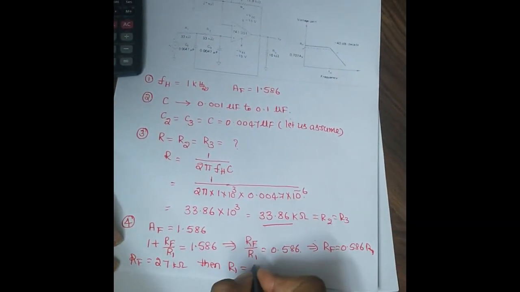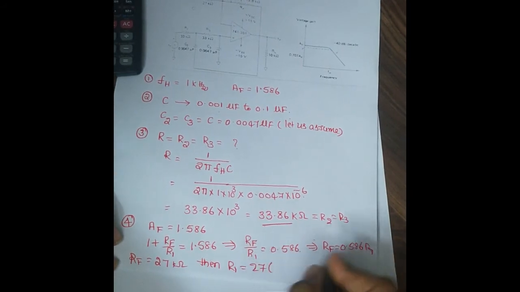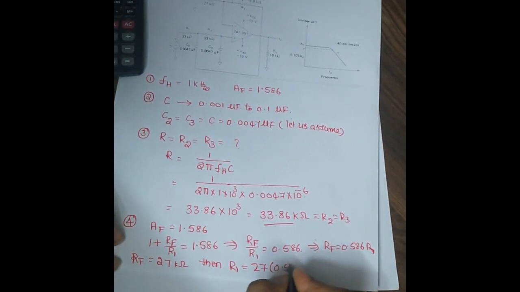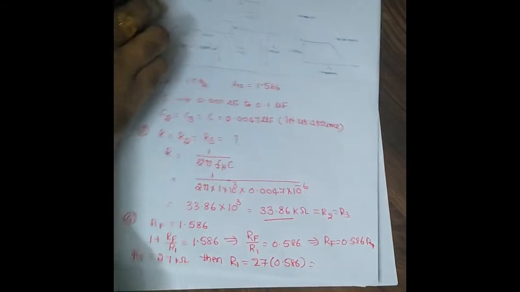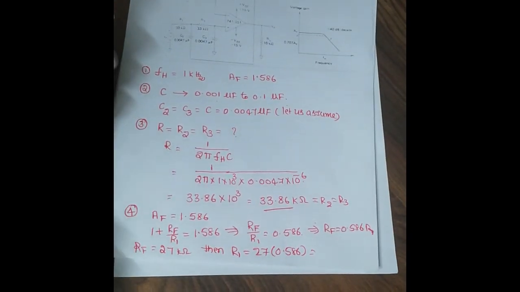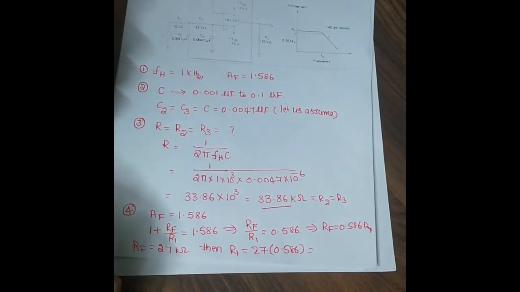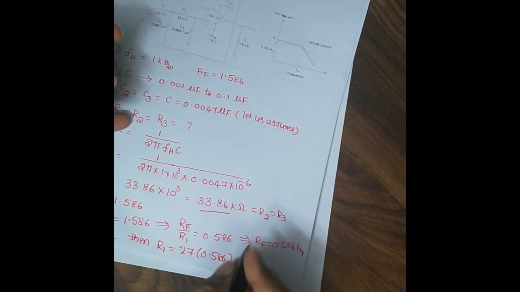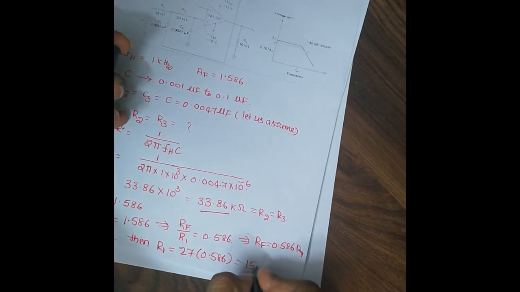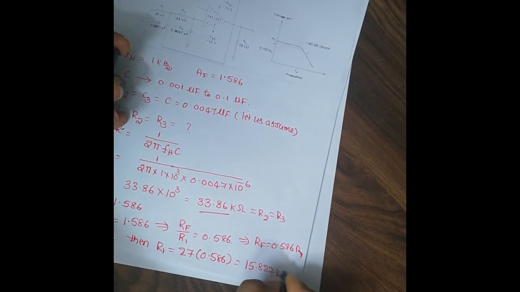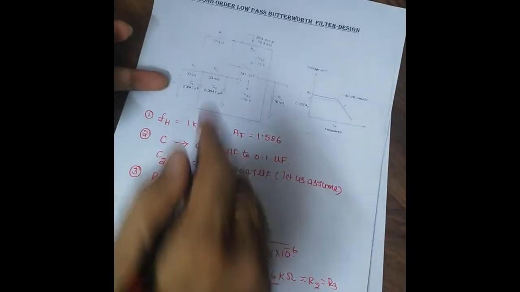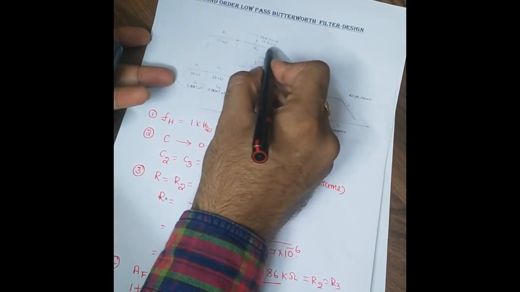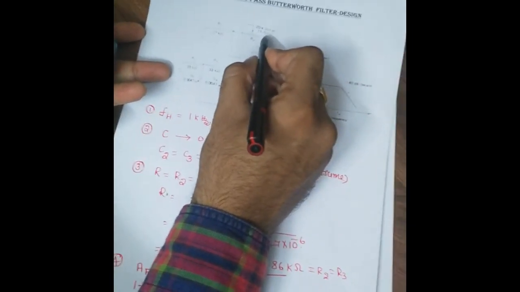Then R1 becomes 27 into 0.586. So what is the value? 27 into 0.586 becomes 15.822 kilo ohm. That's why I put it as 15.8 kilo ohm. I have selected it as 15.8 kilo ohm.